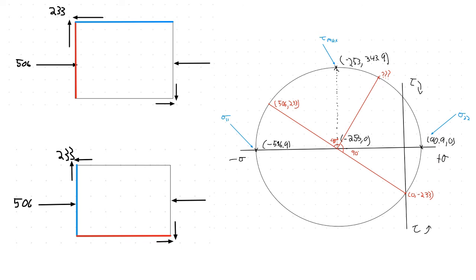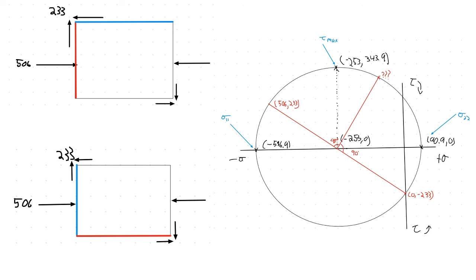I don't know what it is, but I know it doesn't correspond to what's happening to that blue side anymore. What's happening on that blue side is 506 megapascals of compression with a clockwise rotation of 233 from our shear. That is absolutely not that point with the 3 question marks. If we go a further 90 degrees counterclockwise on our Mohr's circle, we finally get to the point that corresponds with what's happening to that blue side in the bottom left element. 506 megapascals in compression and 233 megapascals in shear.